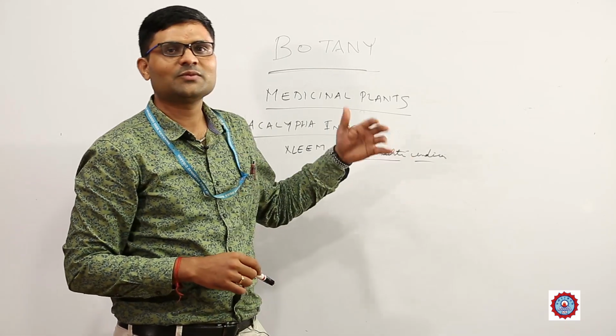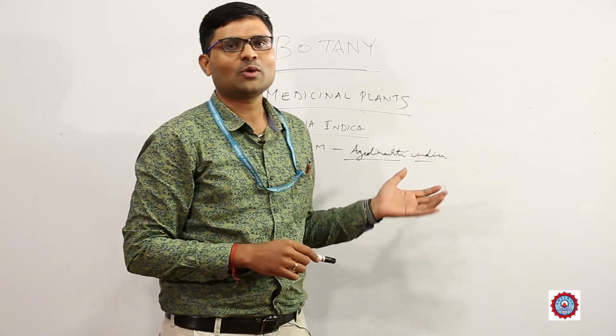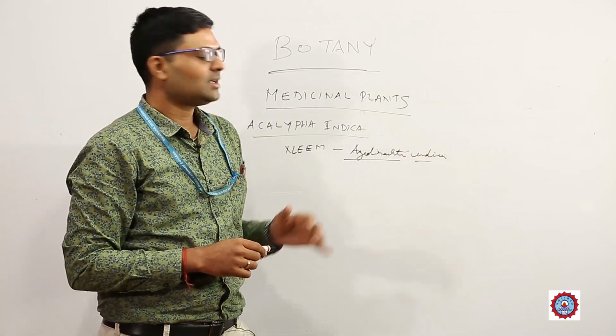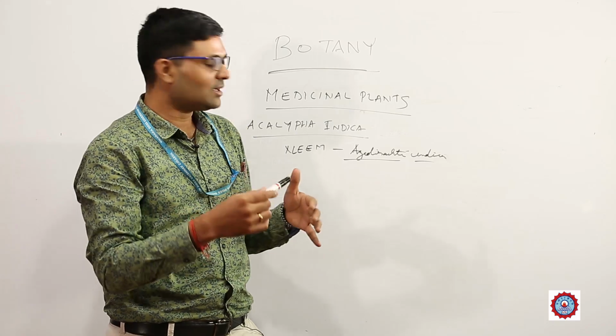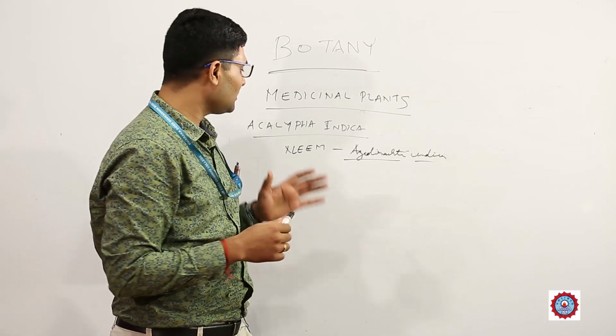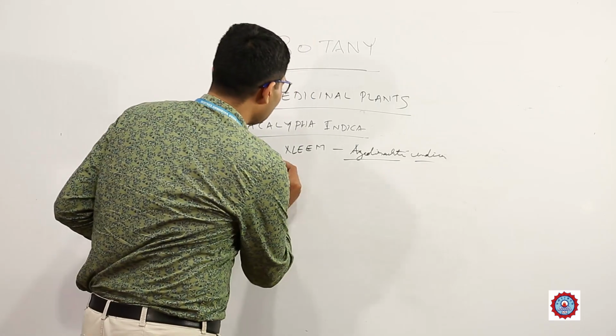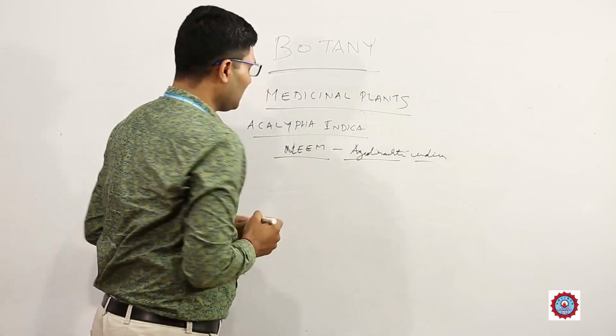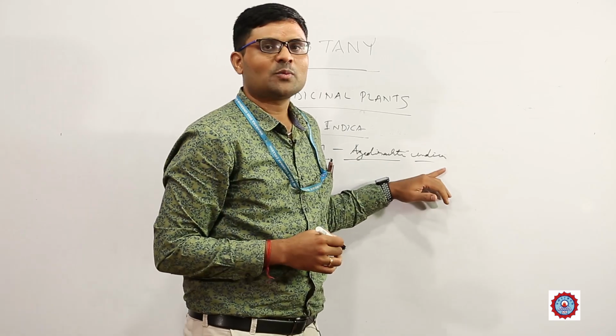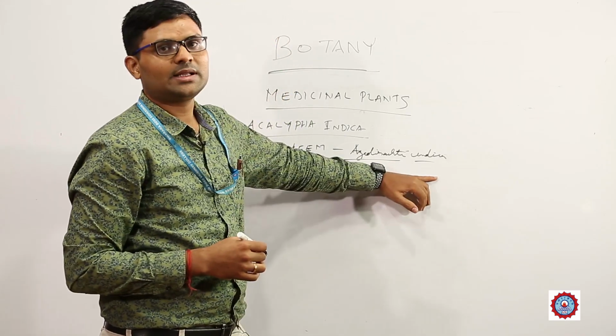That's why the foreigners wanted a patent right for this. There are many plants of Indian origin which we fail to utilize, right? So neem has a good antiviral property.